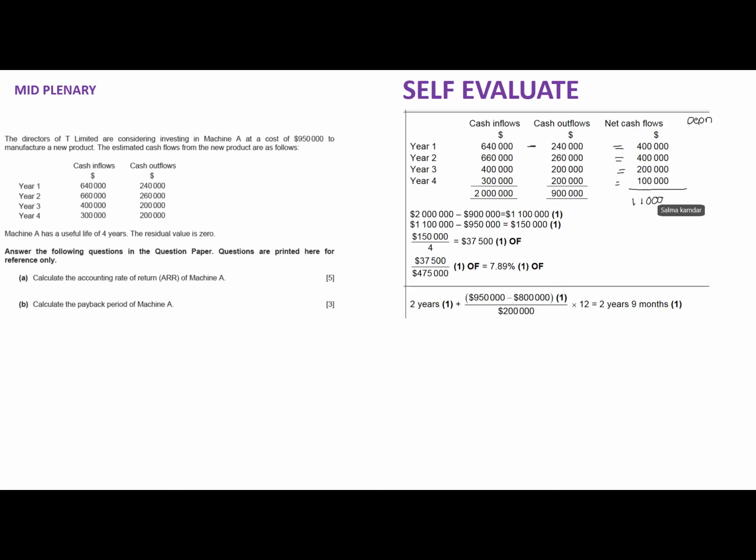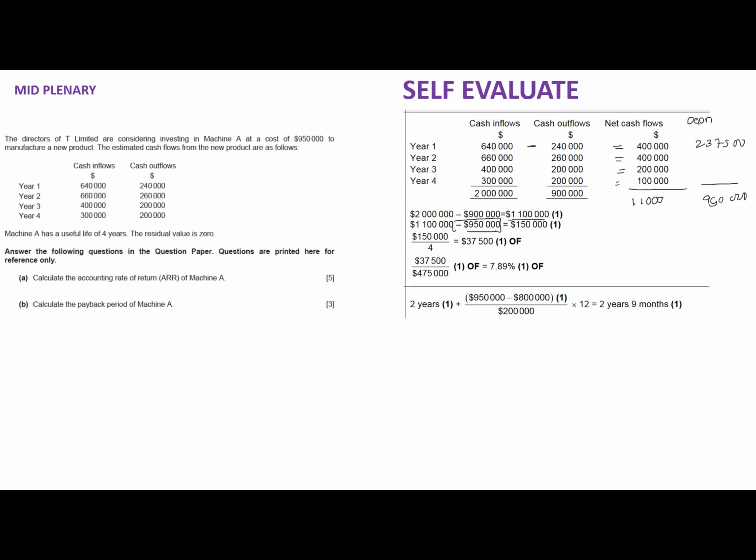What is my depreciation for the 4 years? Depreciation is 237,500 into 4, so you'll subtract that from it. At the end of 4 years, it will be the full cost of investment, 950,000.